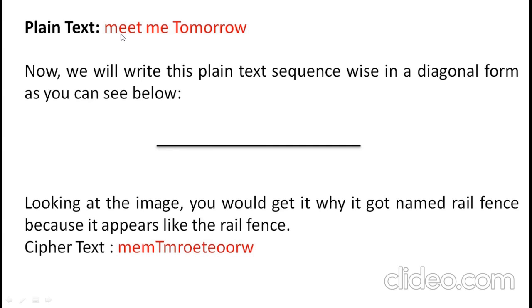We divide meet me tomorrow into two rows, which is called the rail fence. Assume that this is a fencing, and we divide meet me tomorrow along the fencing.